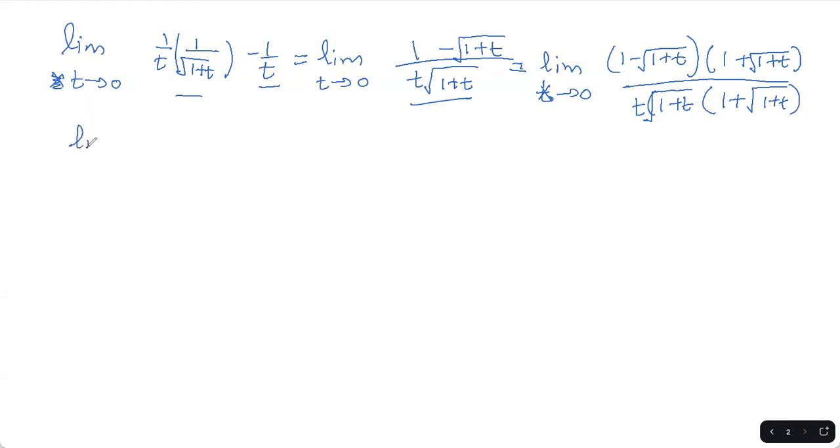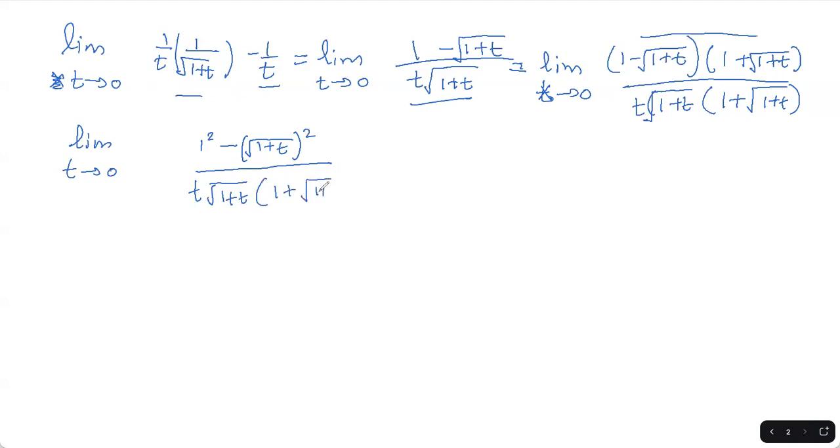Now you have the limit as t goes to 0. In the numerator you can write this one as 1 squared minus the square root of 1 plus t to the power 2. In the denominator you have t times the square root of 1 plus t times 1 plus the square root of 1 plus t.